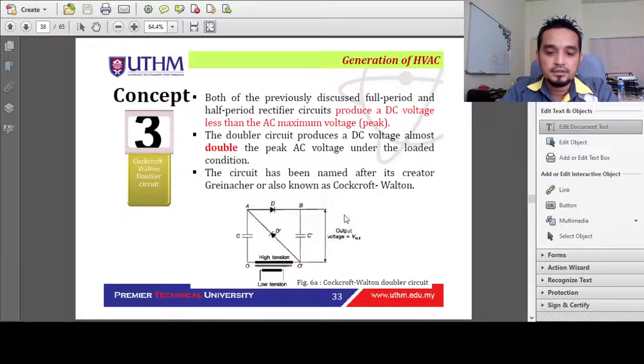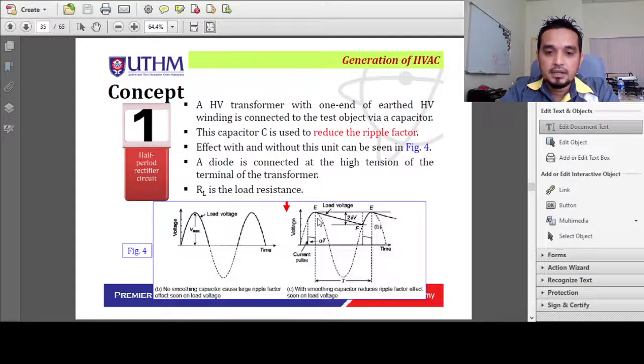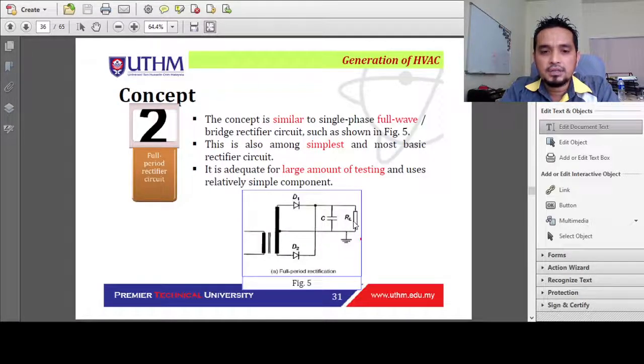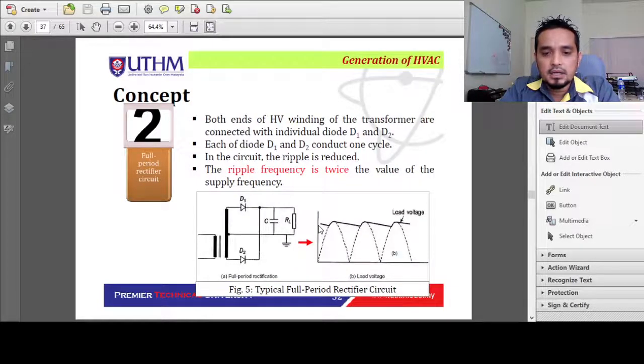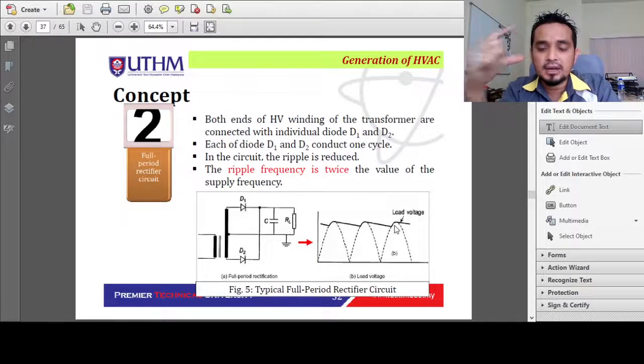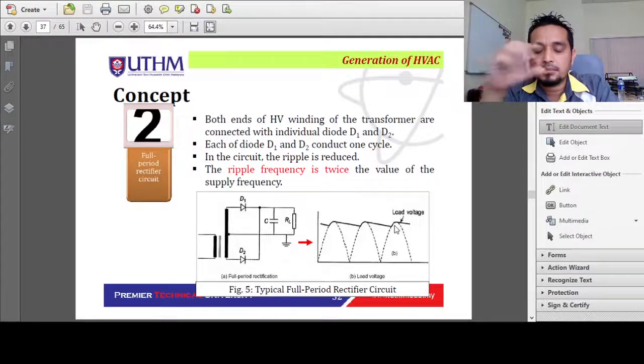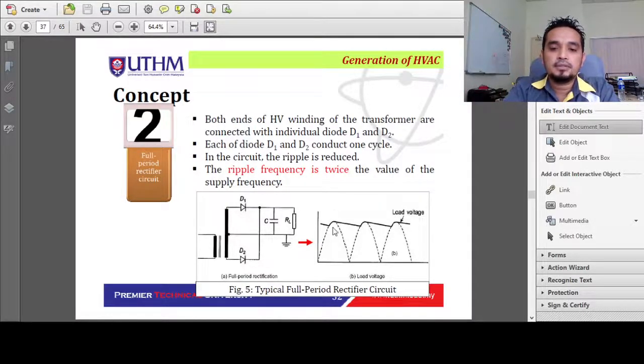If the AC peak is 100, then the DC for the half wave may be around 90 kV. And if we are using the full wave, if the peak is 100, this will be more or less about 95, slightly greater than the half wave, but slightly lower than the AC peak, due to the ripple here.